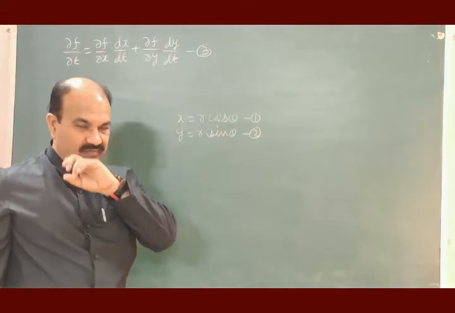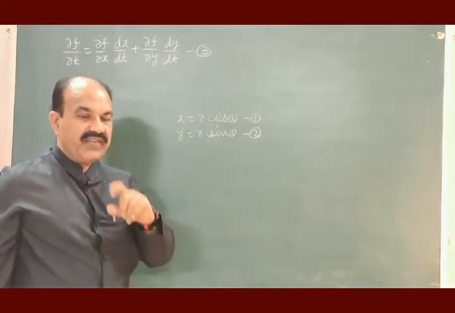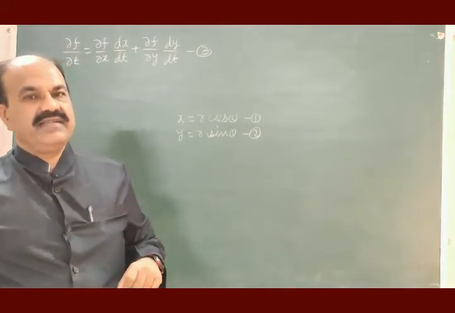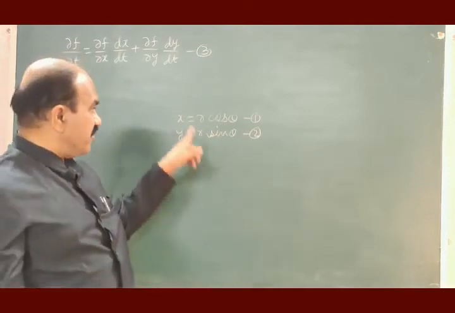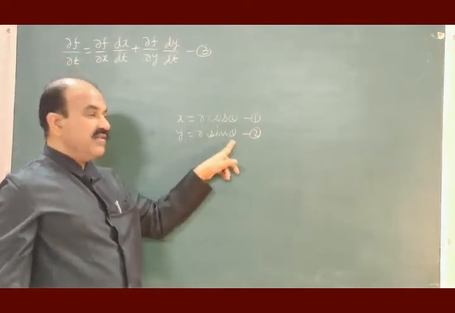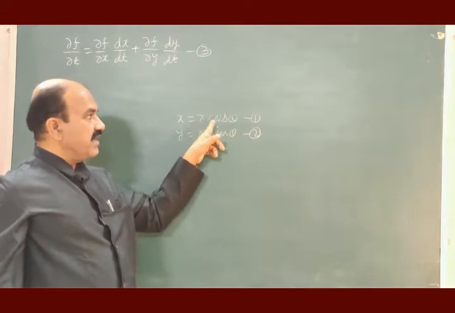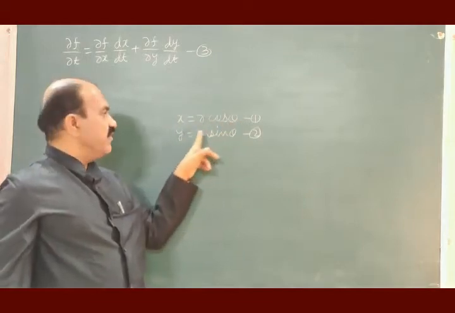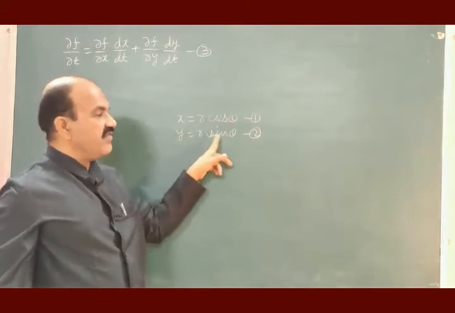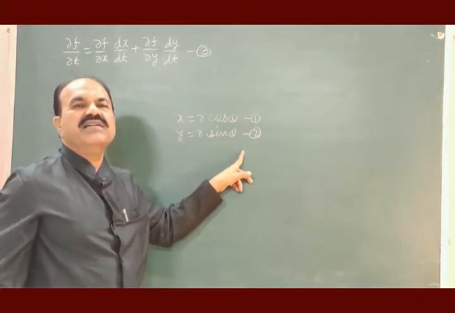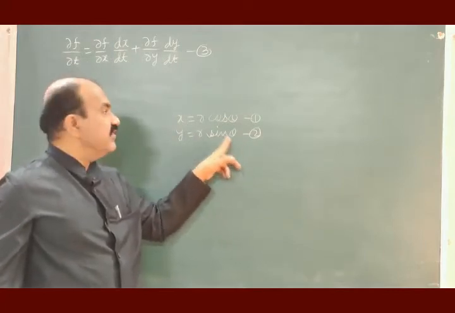What is meaning? F is function of x and y. X and y are functions of r and theta. What is x? Function of r and function of theta. What is y? Function of r and function of theta. What is f?